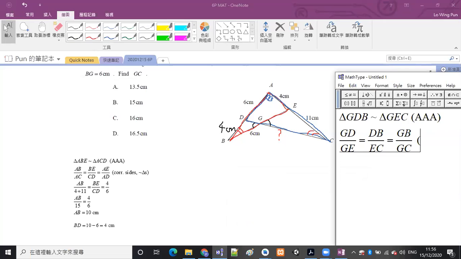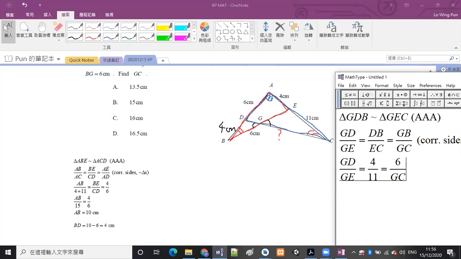Okay, and these are also corresponding sides of similar triangles. But you do not need to write them all down. You just fill in the blanks. GD, we don't know. GE, we don't know. DB is 4. EC is 11. And then GB is 6. And GC is what we want to find.